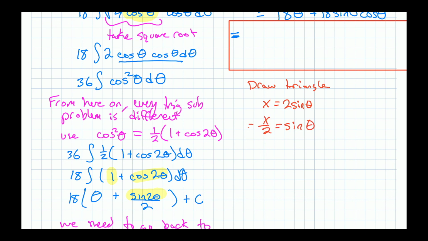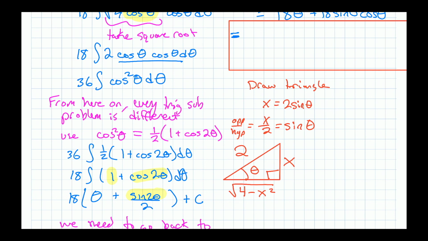That's the opposite side over the hypotenuse, so I'm going to draw a triangle for that. I'll put the opposite side as x and the hypotenuse as 2. You calculate the third side, which is the square root of 2 squared, which is 4, minus x squared.